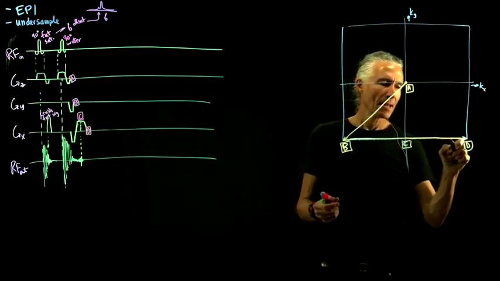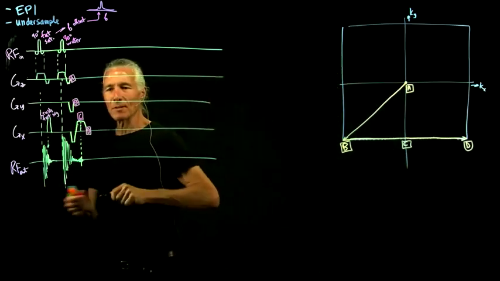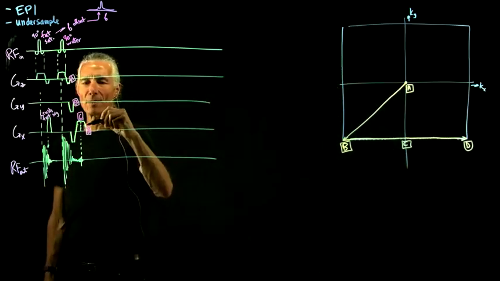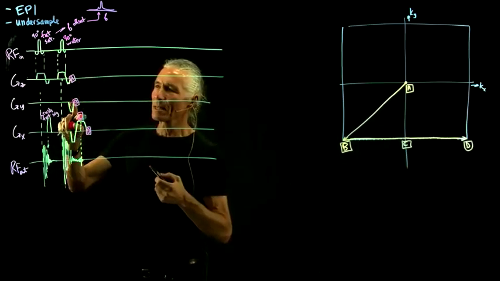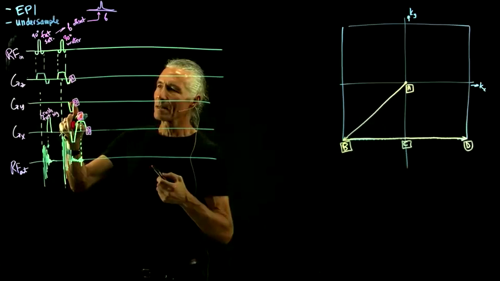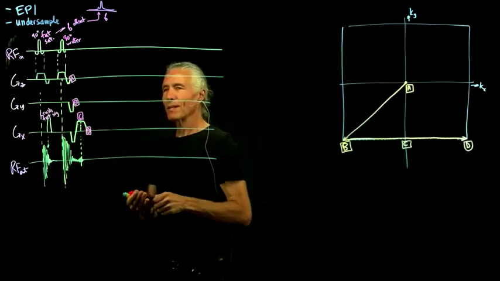But now what we do is turn the phase encode gradient on. Remember, aside from going to the bottom of k-space, we haven't really turned the phase encode gradient on.